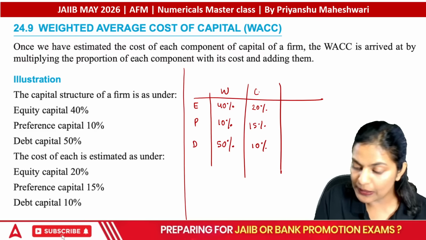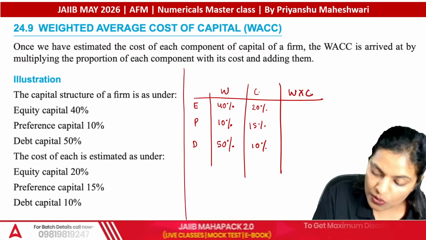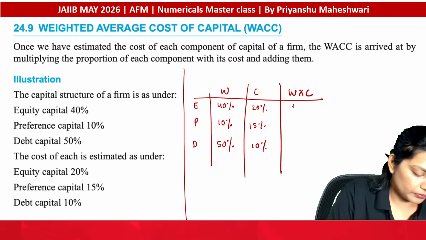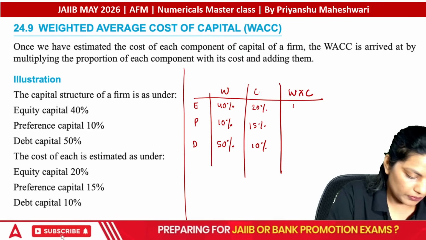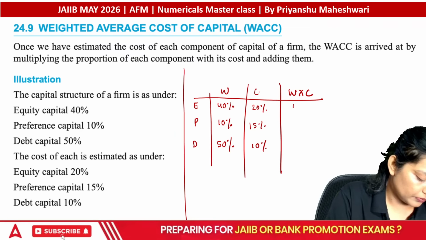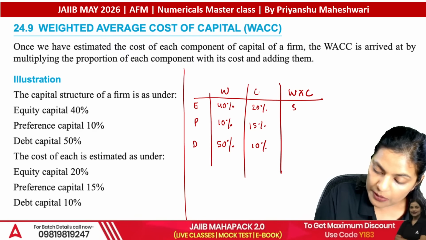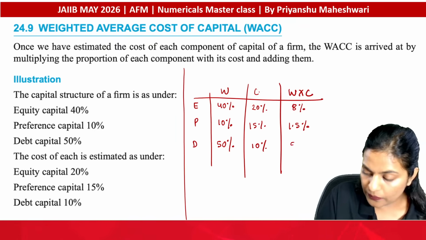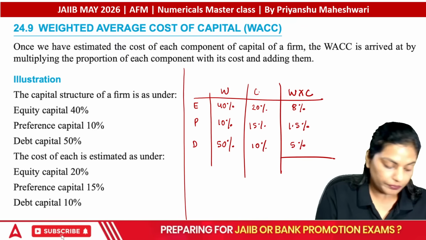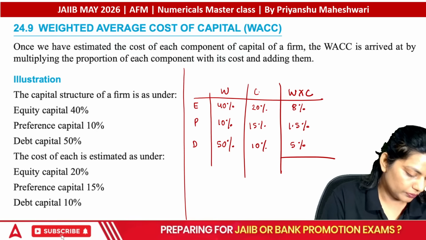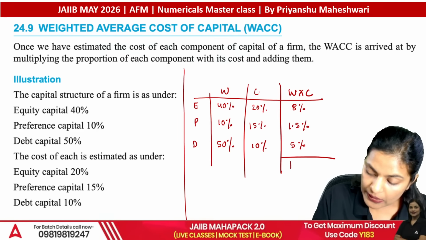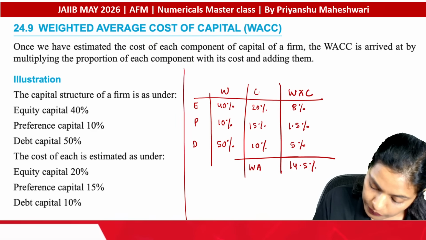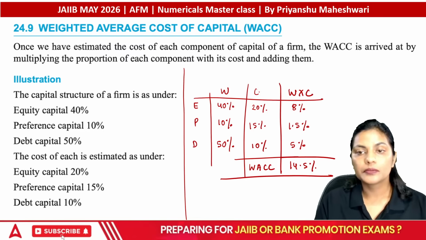So, if we multiply weight into cost, we get 8%, 1.5%, 5%, correct? The weighted average cost is 14.5%, right?